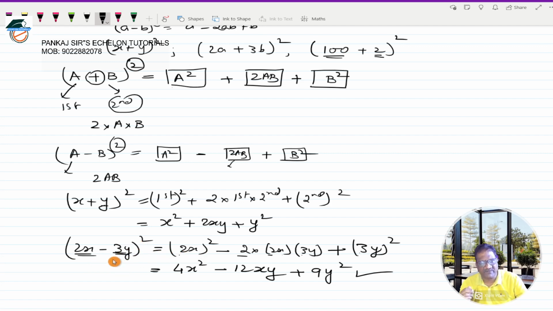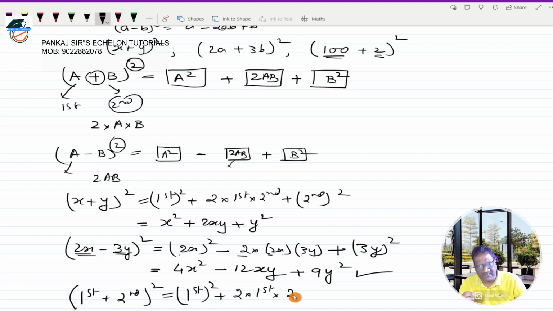So you have to remember that in general, if it is (first term plus second term) the whole square, then the product will be first term ka square plus 2 times first term multiplied by second term plus second term ka square.